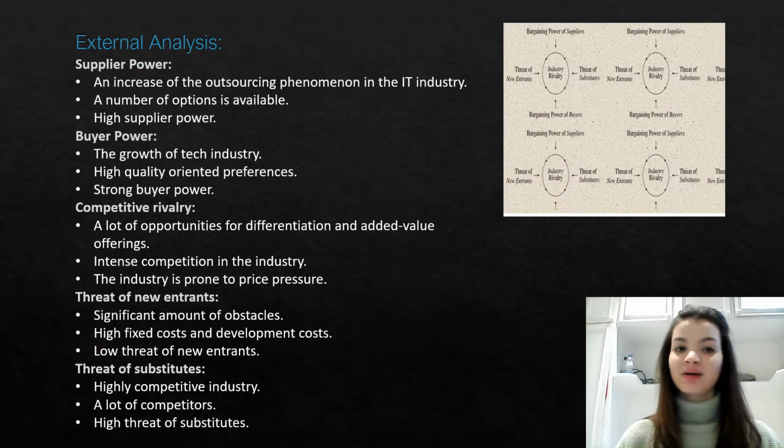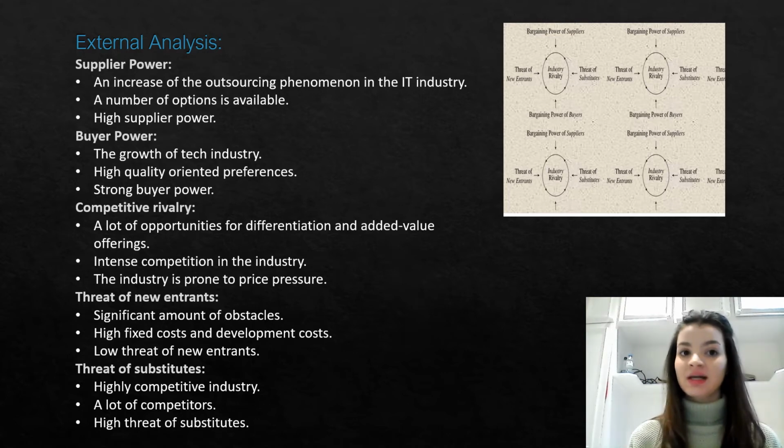So here we're going to be doing an overview of an external analysis for this particular innovation. Starting with the supplier power, it has been found that the outsourcing phenomenon in the IT industry especially is very high and is increasing over time, which makes a number of options available for us, and this makes the supplier power very high.